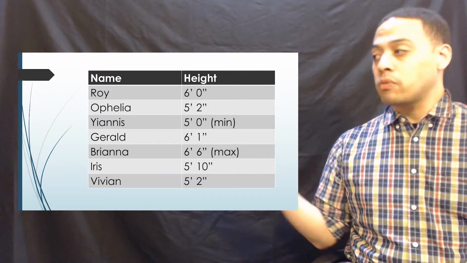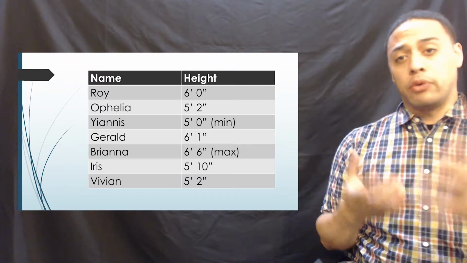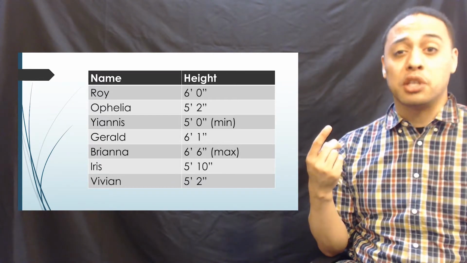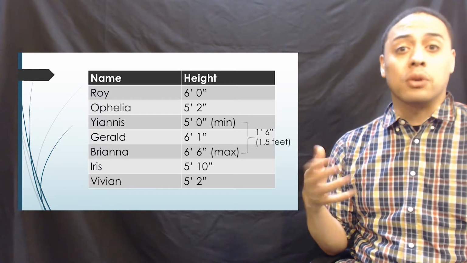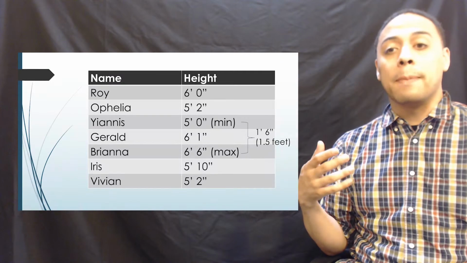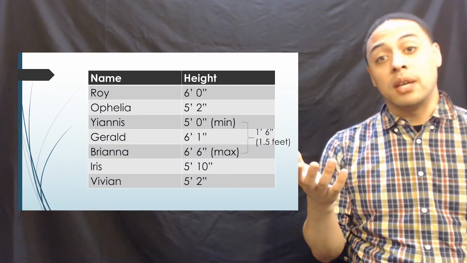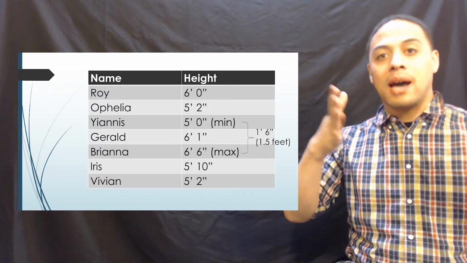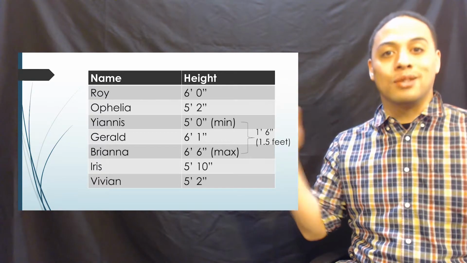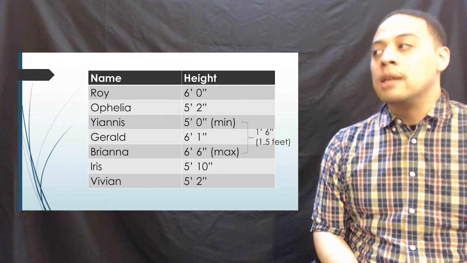Now, the other way that people present the range is to actually do the subtraction between the two. So in this case, the range would be 1.5 feet, or 6.5 feet minus 5 feet. And that gives us some sense of what is the total difference that could exist.